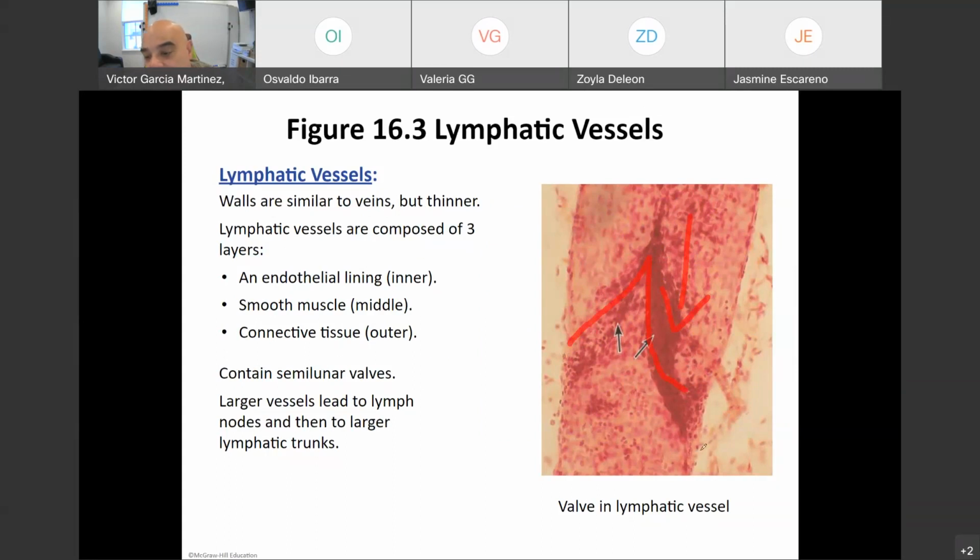And regarding the layers, they have the same layers that veins have. They have an inner layer, tunica intima, tunica media, and tunica externa, the same number of layers we have for veins. And again, they have these valves to avoid backflow.